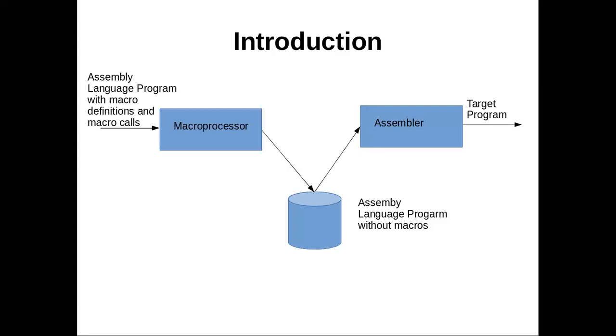So the output of the macro processor, which means the program which is not containing any macro, will be given as input to the assembler, and the assembler will generate the equivalent machine language code. So macro processor is the program which takes the assembly program with the macro definitions and macro calls and generates the expanded code without any macros.